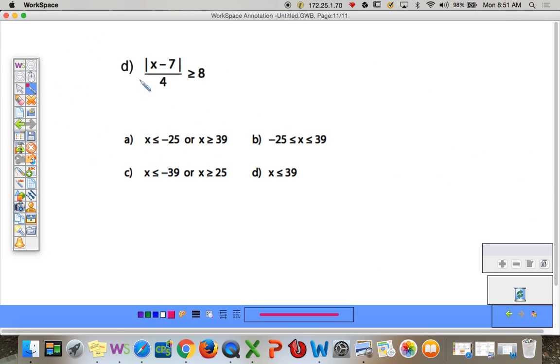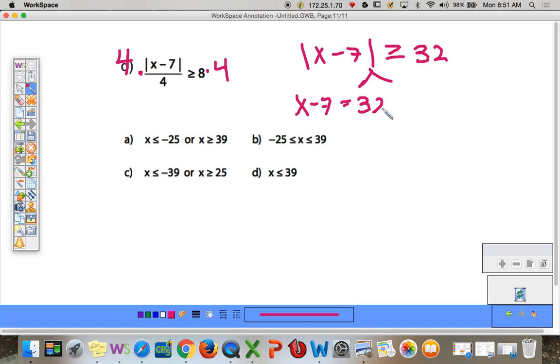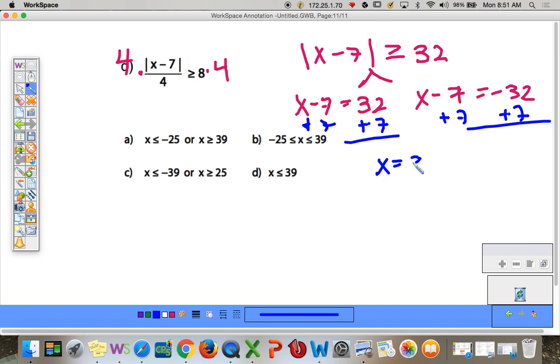Okay, so first get rid of the divided by 4 by multiplying by 4. We get absolute value of x minus 7 greater than or equal to 32. Split it up, x minus 7 equals 32. x minus 7 equals negative 32. We will add 7 to each side. So we get x equals 39.